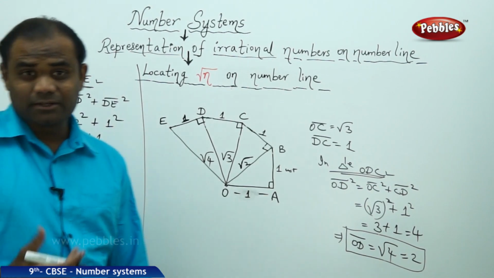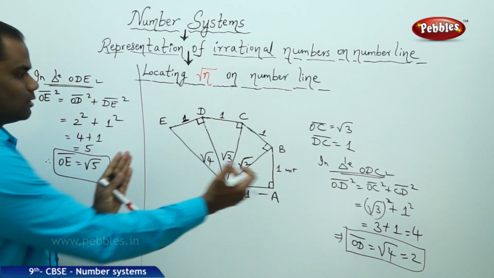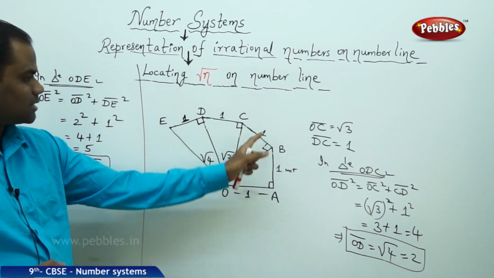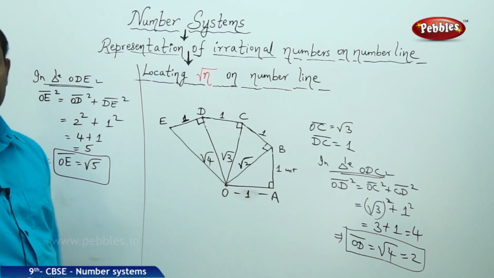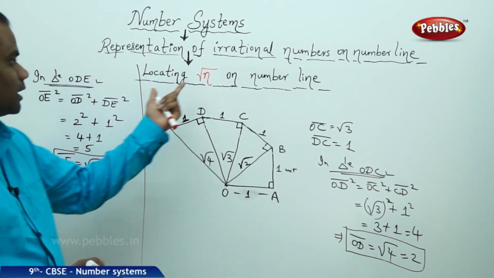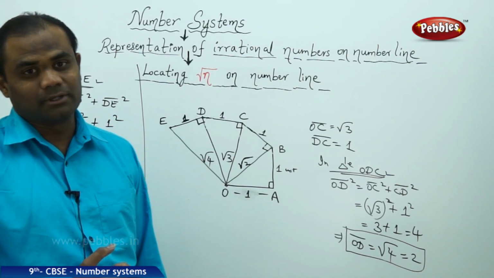This is how I identify that as I construct the 1 unit perpendicular length through the different sides of the polygon, I get the different distances from O, which are nothing but the roots in consecutive natural numbers.